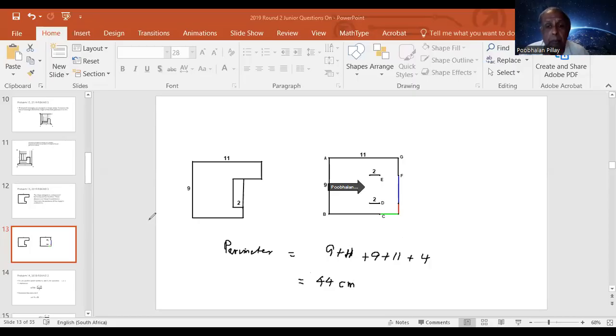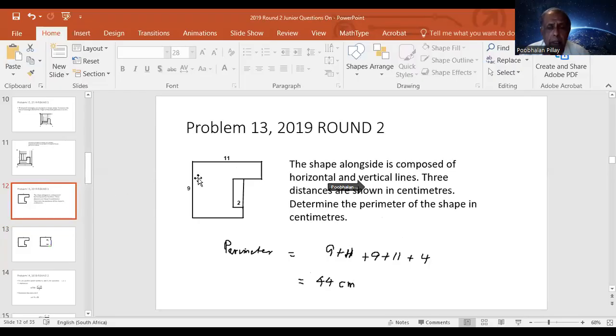And you see, this is a good problem-solving exercise. If you don't know how to do it, you have to think now. You have to think, how am I going to find the perimeter of this object when so many pieces of information are not given? You only got 3 pieces of information.